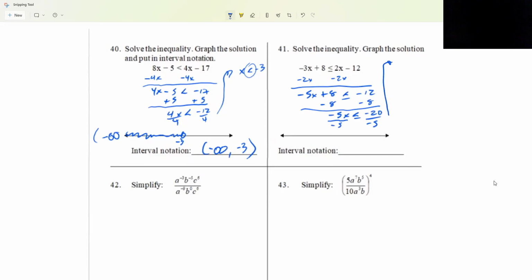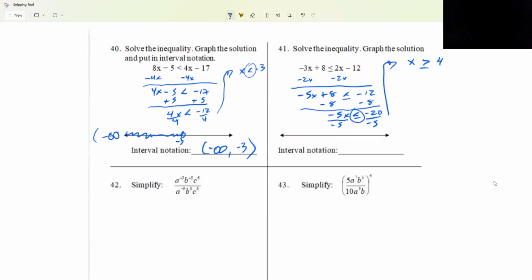Okay, and when I do that, I'm going to get x over there on the left. I'm going to get positive 4 on the right, but since I'm dividing by a negative number, whenever you divide or multiply both sides of an inequality by a negative, you have to flip that inequality sign.